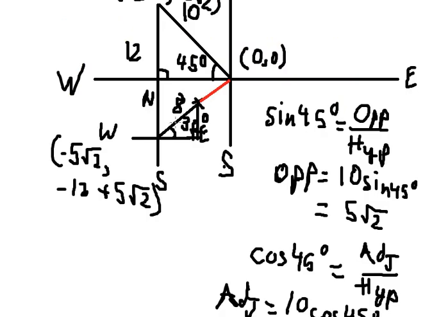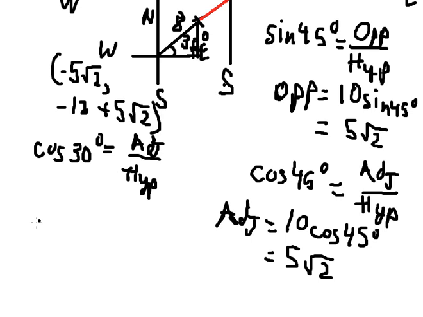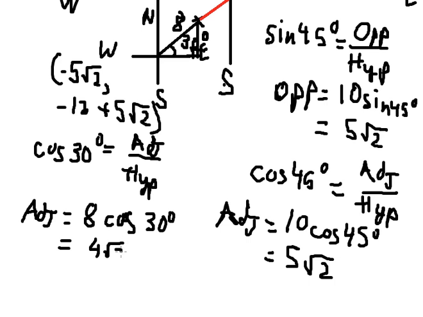So we have cosine 30 degrees, that is adjacent divided by hypotenuse. The hypotenuse in this one is 8. So we find the adjacent, and this one we have 4 square root of 3.